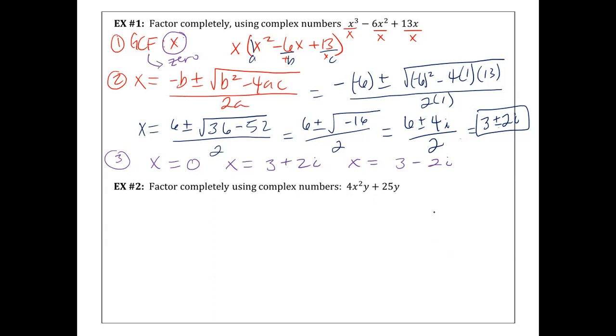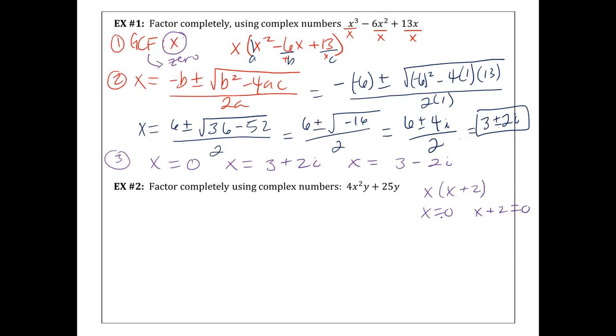Do you guys remember if I had x times x plus 2, and I said find the zeros? When you're finding the zeros, you're taking each factor and setting it equal to 0. So if I have a variable on the outside, it's always going to equal 0.